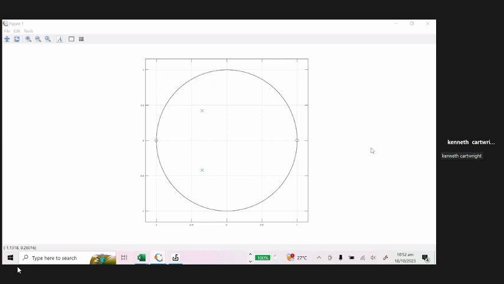So, what's the value of 1, 0? Give me the value of 1, 0. Can I make a guess?